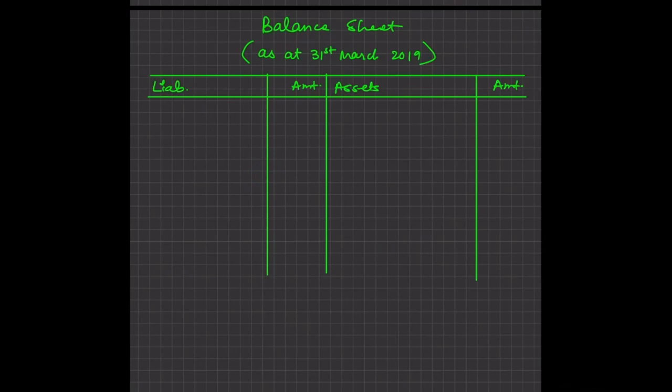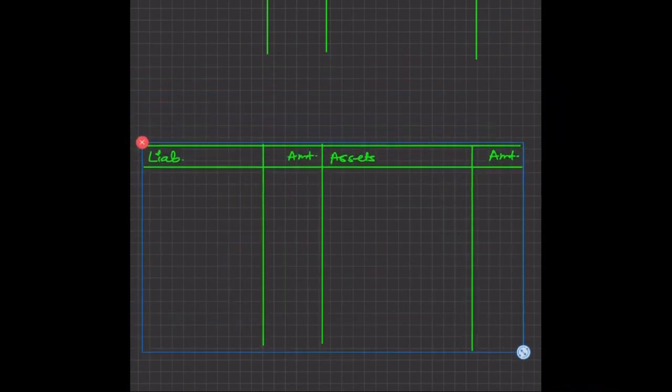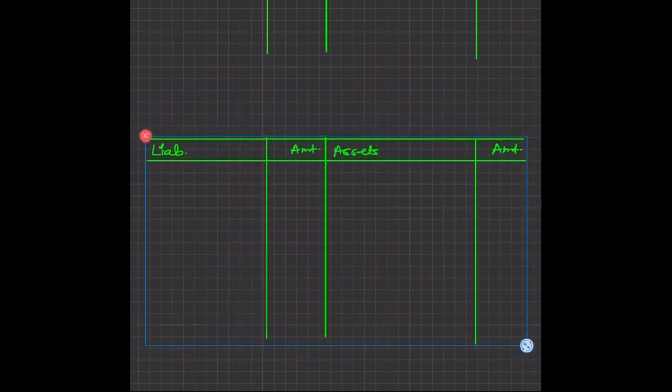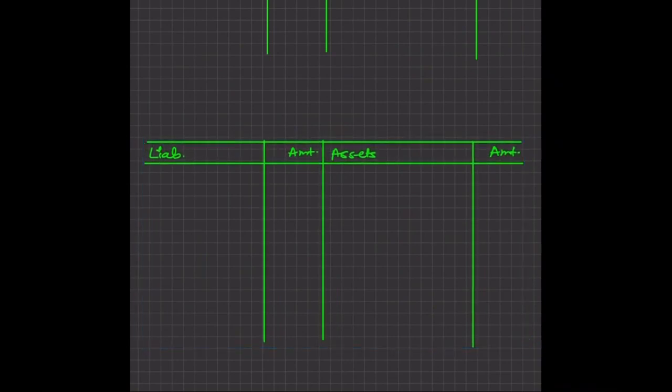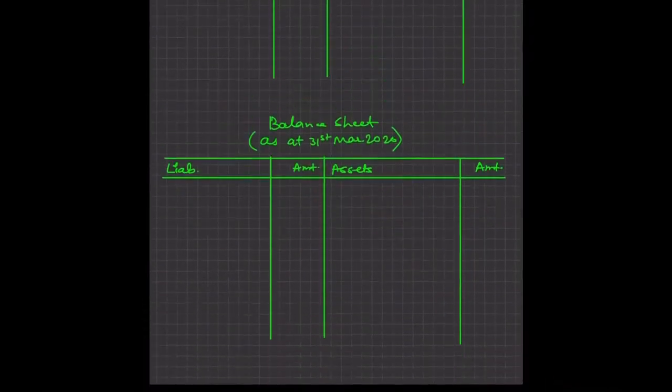The same format I will need for 2020 as well. So this is the balance sheet, the closing one, as at 31st March 2020.